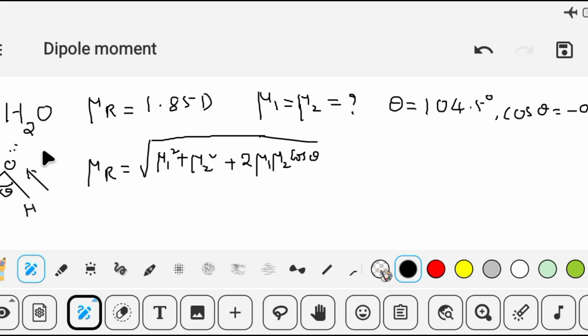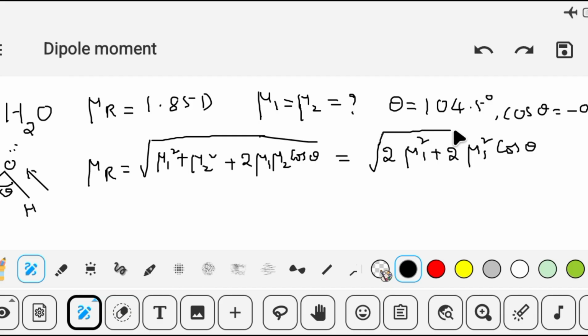As mu1 and mu2 are both the same, we can write mu1 square plus mu1 square plus 2 into mu1 square into cos theta. It all comes under the root. Then root 2 will be common, so you take root 2 outside, or else you can take the square of both sides.